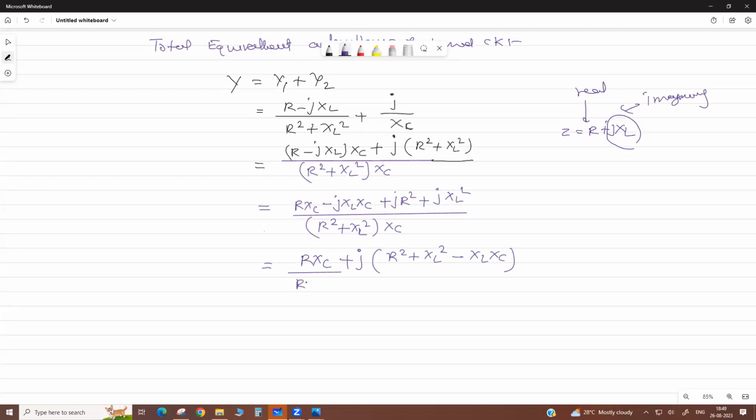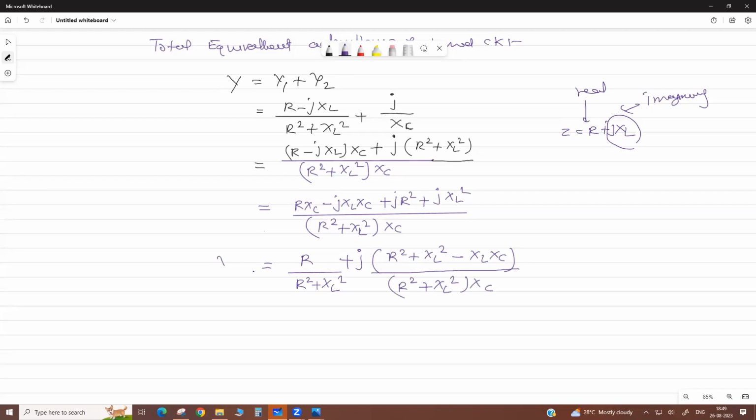It becomes R square plus XL square only, so this is removed. Okay. If this real number is divided by this, the XC cancels, and this is completely divided by (R square plus XL square) into XC.